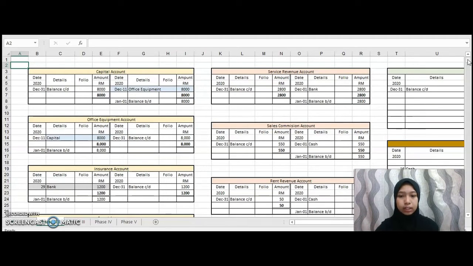This is the ledger in the book of Sunshine Computer Sales and Service.